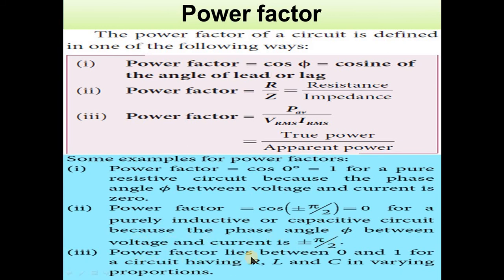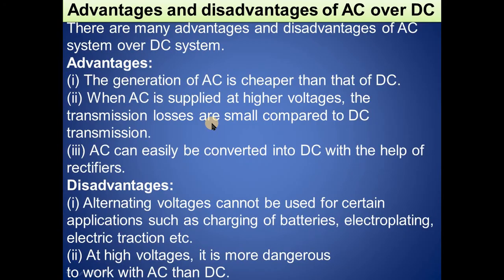The last one: power factor lies between 0 and 1 for a circuit having R, L and C, that means resistance, inductance and capacitance, in varying proportion. This point is very important for your objective type questions, and for problems also. This formula is also important. Please note it down, children.